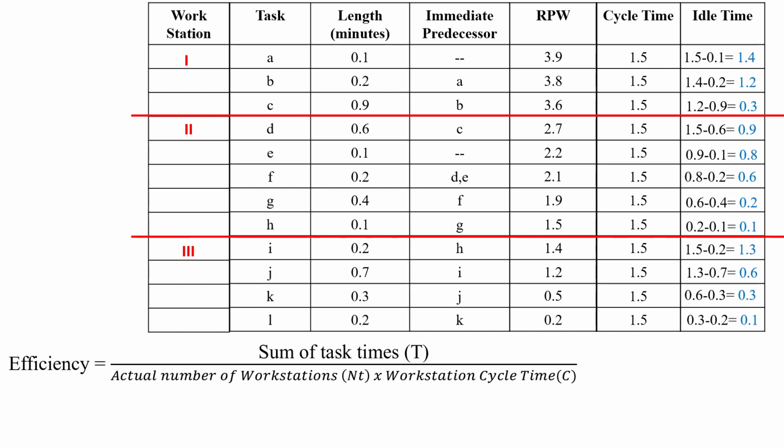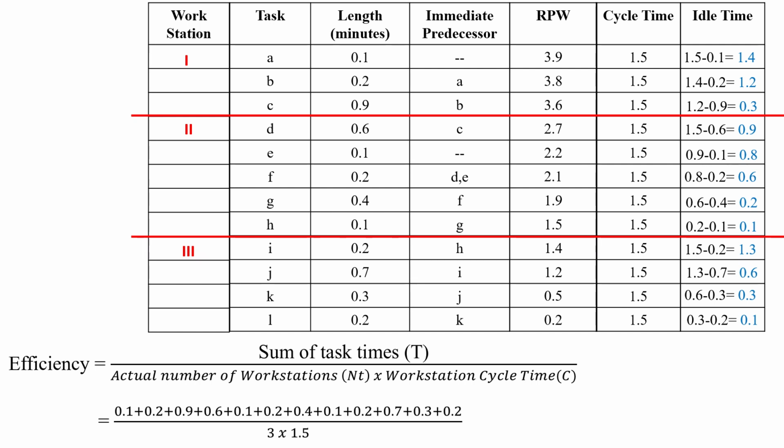Next we determine the line efficiency. So line efficiency is equal to the sum of task times divided by actual number of workstations times workstation cycle time. So here sum of task times is the summation of the processing times of all the tasks.